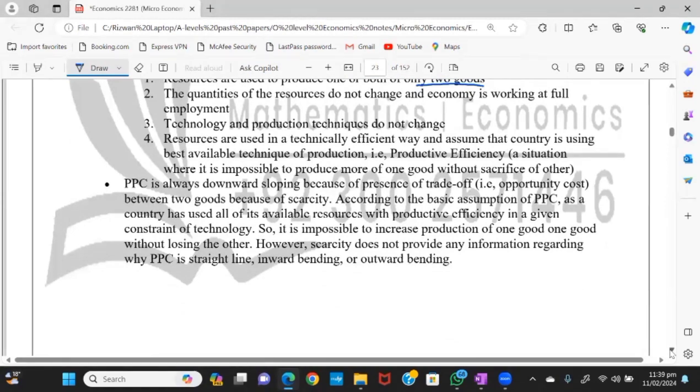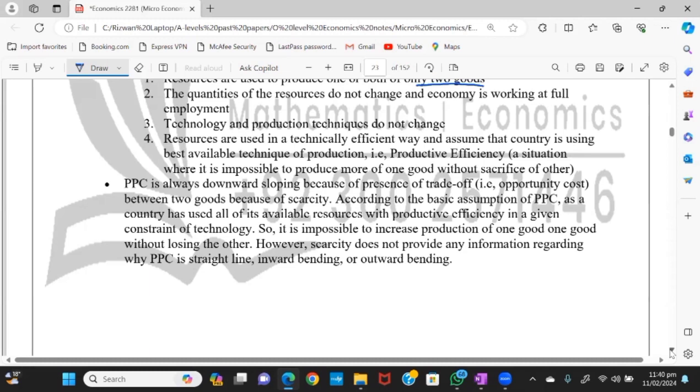Keep in mind a few things: the PPC is always downward sloping because of the presence of a trade-off, which is called opportunity cost, between two goods because of scarcity of resources. According to the basic assumption of the PPC, a country has used all of its available resources with productive efficiency in a given constraint of technology.